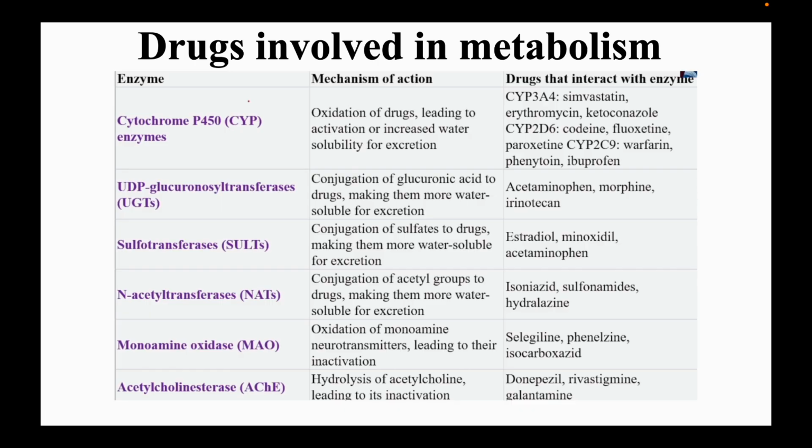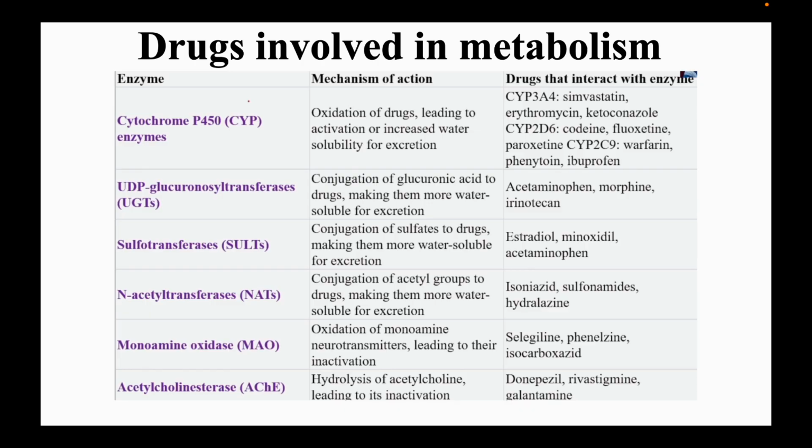So if we take a lot of drugs, these drugs also need to be flushed out from the body, and there are different metabolic enzymes which are involved in flushing out these drugs, mainly in the liver and kidney.